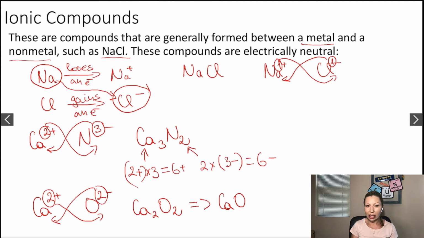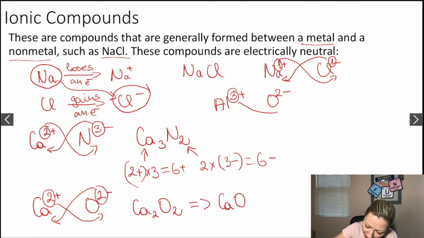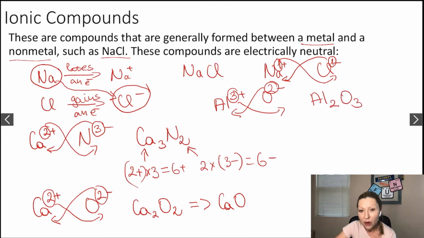All right, let's do one more, just in case. Let's do aluminum, Al3+, and let's do oxygen again, 2-, the oxide ion. So the 3 goes down there, the 2 goes down there, and I'm going to arrive at a formula which is Al2O3.